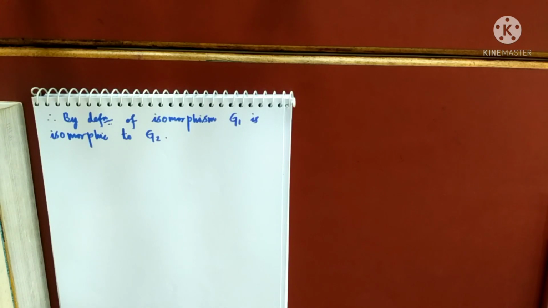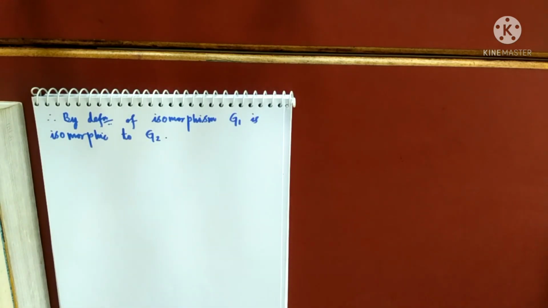So the relation of isomorphism is an equivalence relation, because any graph G is isomorphic to itself. If G1 is isomorphic to G2, then G2 is isomorphic to G1. And if G1 is isomorphic to G2 and G2 is isomorphic to G3, then G1 is isomorphic to G3.